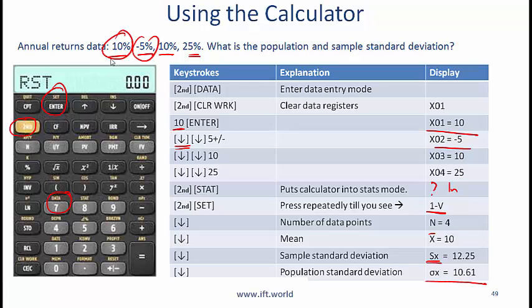Assuming these 4 data points represent a population, then the standard deviation is 10.61. The calculator doesn't give you the variance, but if you want to find the variance, you can simply take this number and square it for the population variance, take this number and square it for the sample variance.